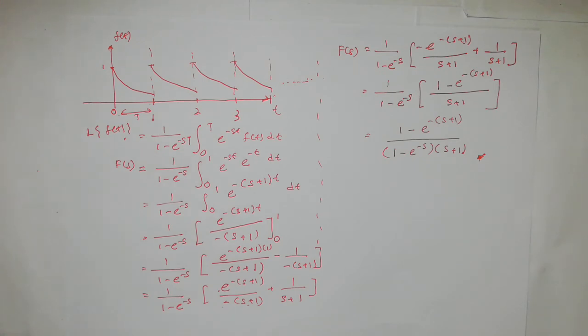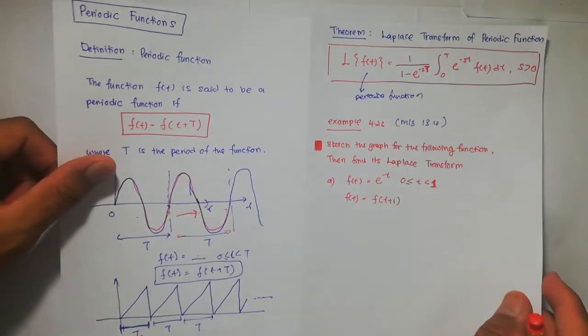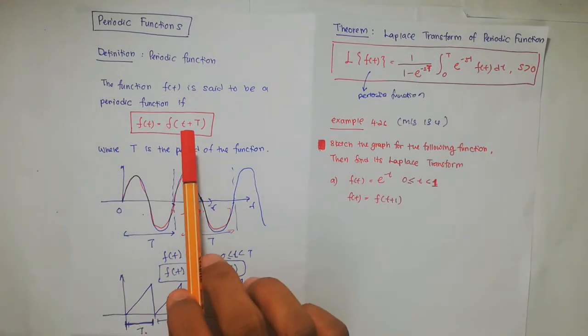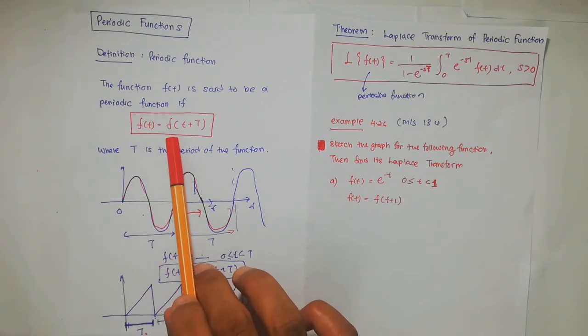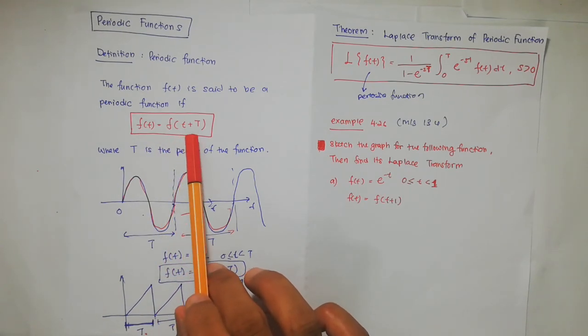Hopefully you understand what a periodic function is, which is this one. By definition, a periodic function is f(t) equal to f(t plus T).